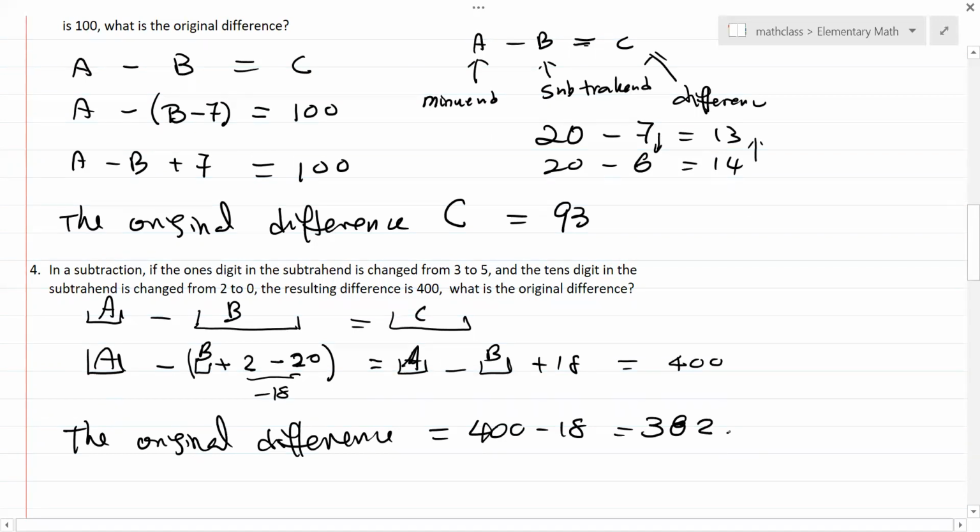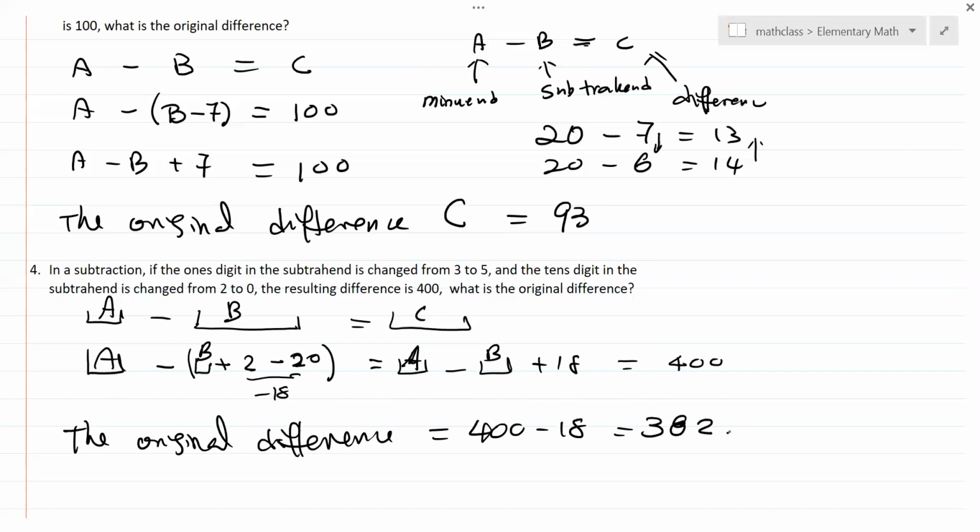382. Just be careful. If you decrease the subtrahend by 18, then you increase the difference by 18. If you increase the difference by 18, then you get 400, so the original difference will be 400 minus 18.